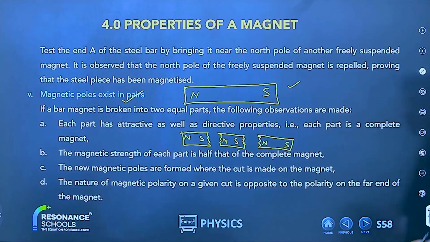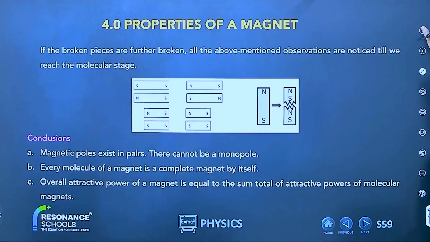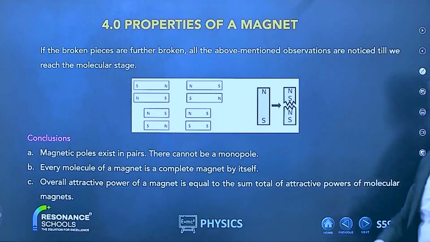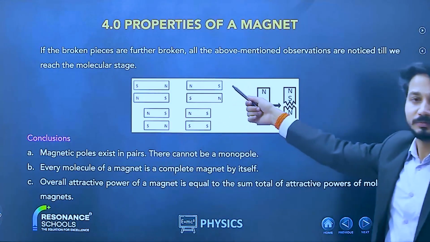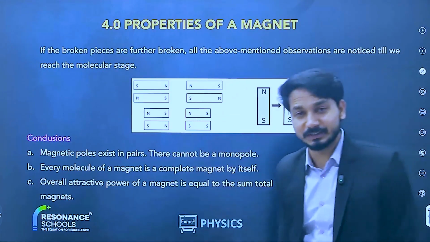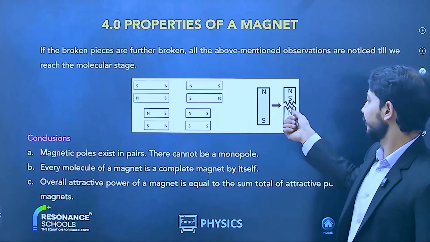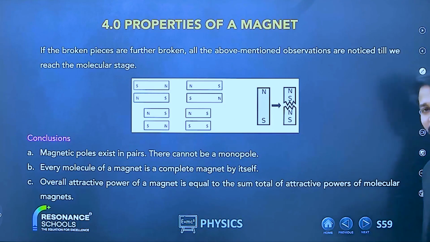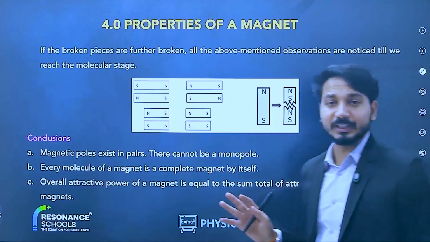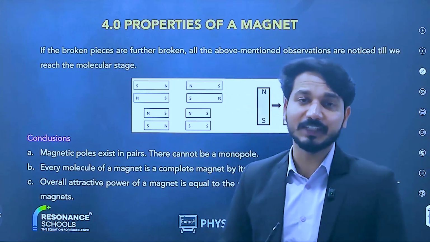Okay, done. Moving ahead. The figure which you have drawn earlier, it's the same figure. Magnets always exist in pairs. So if it is broken, it will always exist in pairs. There cannot be a monopole. Remember that. One magnet cannot have only one pole.